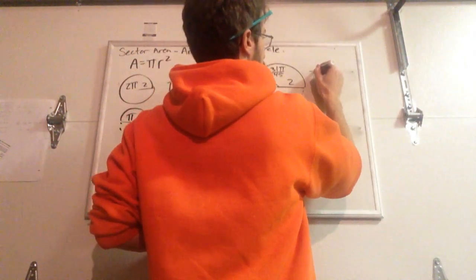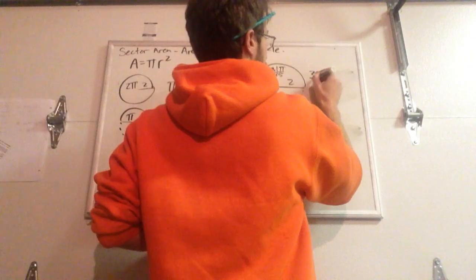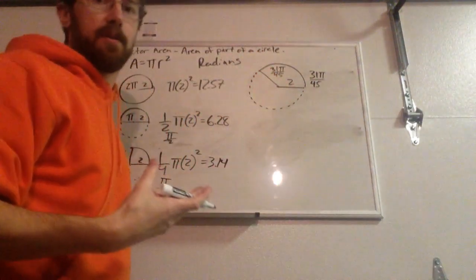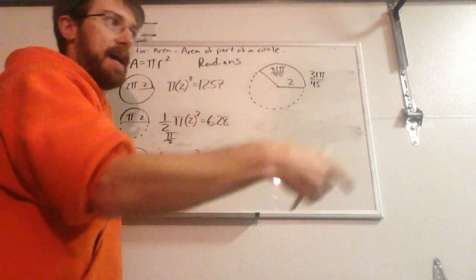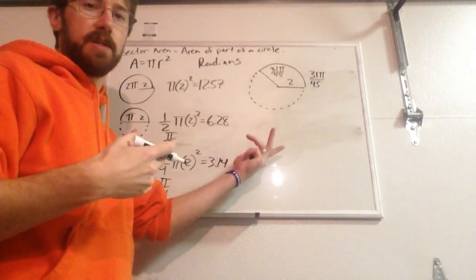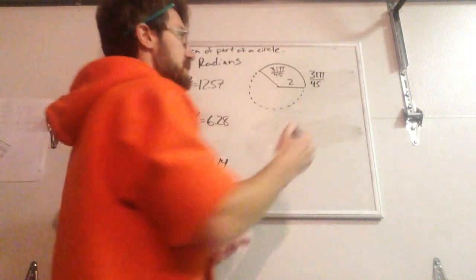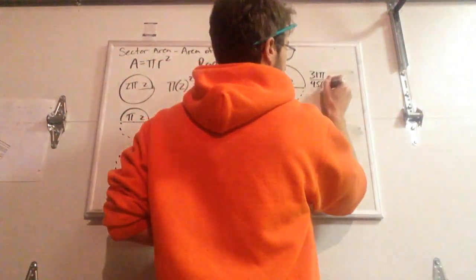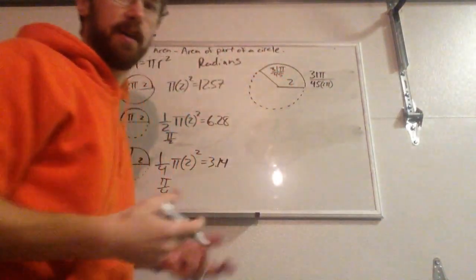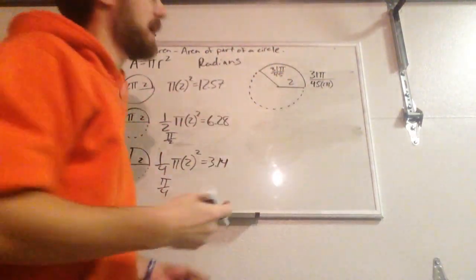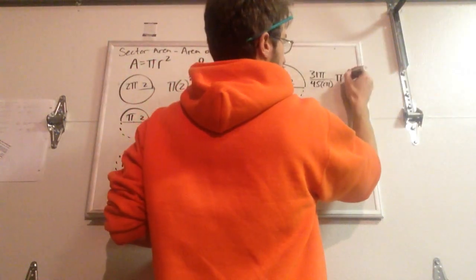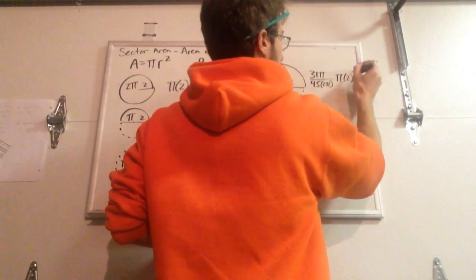So again, 31 pi over 45. If we get that in terms of the fraction of the entire circle, I have to divide it by 2 pi. With degrees, I divided by 360. Here I can do the same thing with 2 pi. So I'll sneak a 2 pi down here in the bottom of the fraction, just like before. That's the same as dividing by 2 pi. And now I'm multiplying by pi r squared.